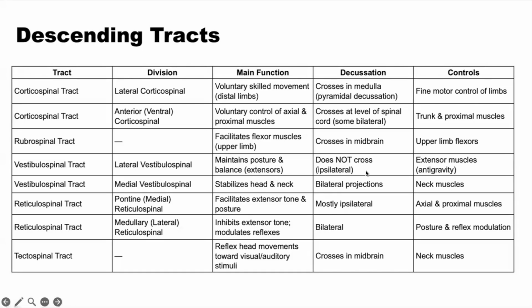The vestibulospinal tract begins in the vestibular nuclei of the brain stem, and that is the reason it's known as the vestibulospinal tract. The lateral vestibular tract passes down the anterior column of the spinal cord, and it facilitates neurons that control extensor muscles, mainly, as you can see.